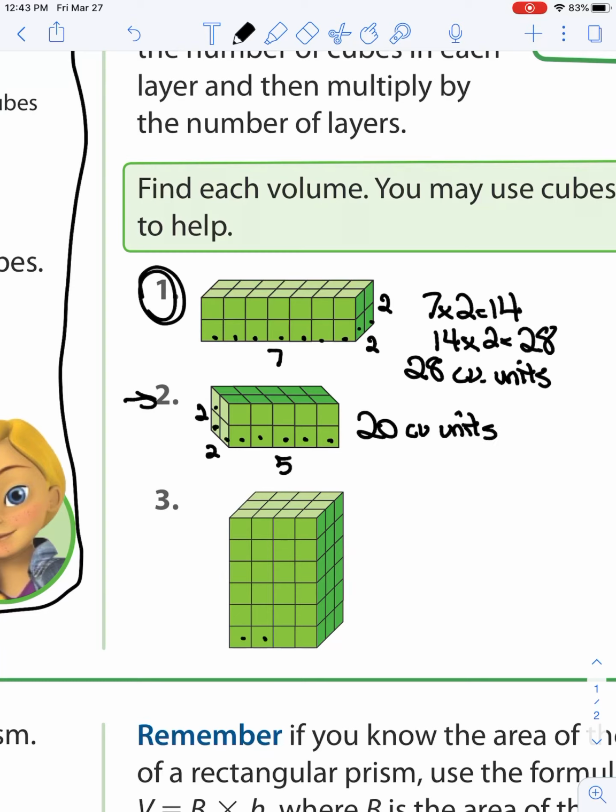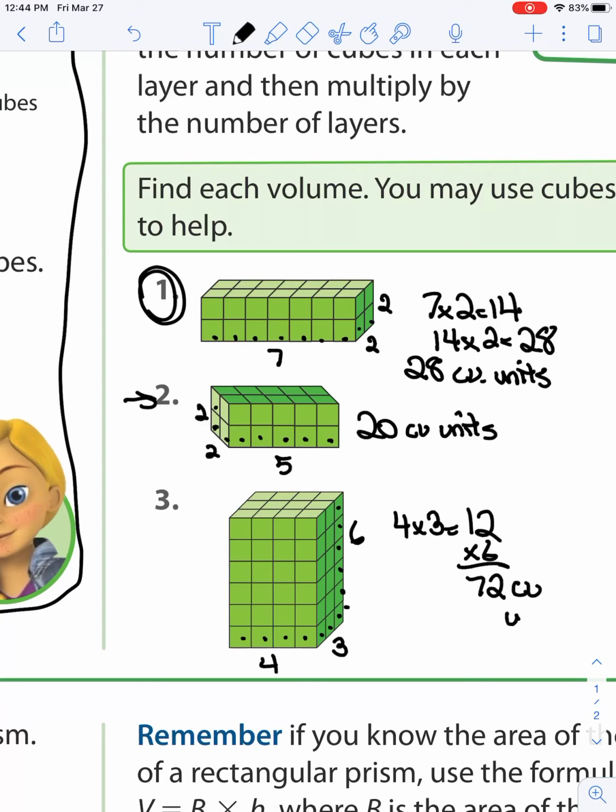Length is 4. Width is 3. And the height is 6. So 4 times 3 equals 12. And 12 times 6 is 72 cubic units.